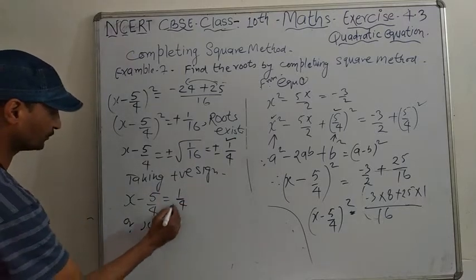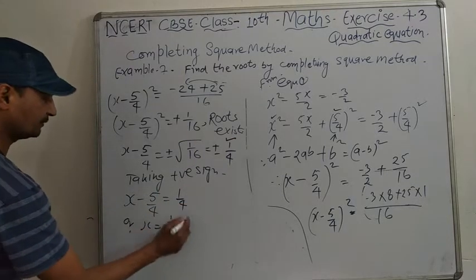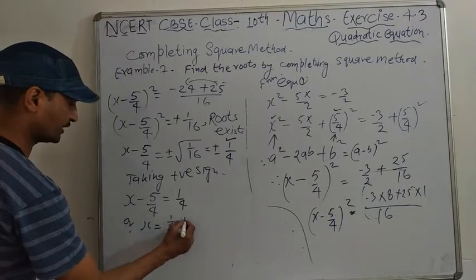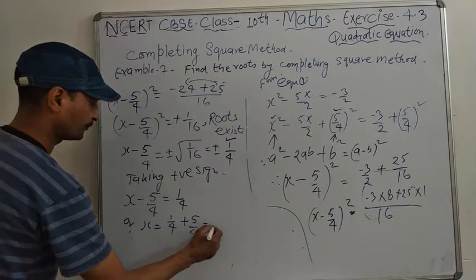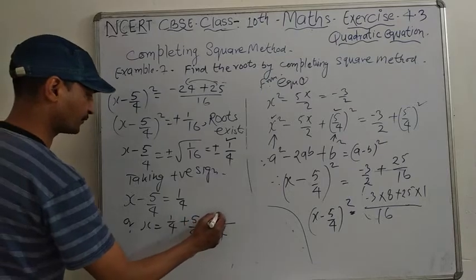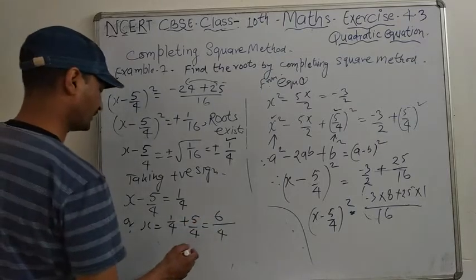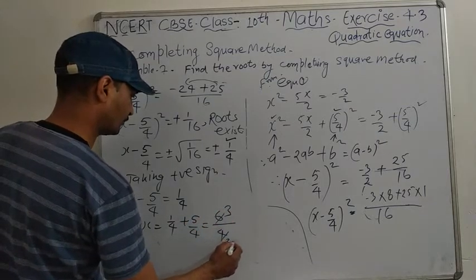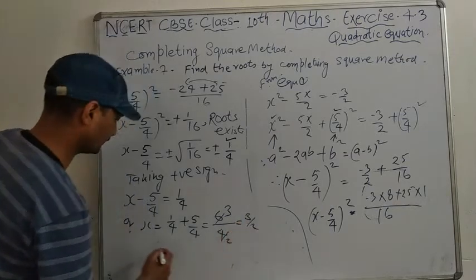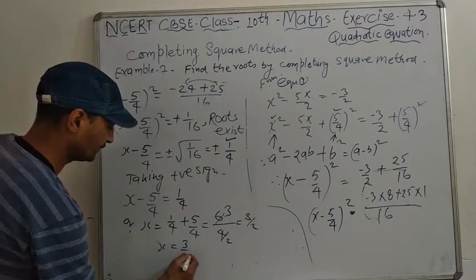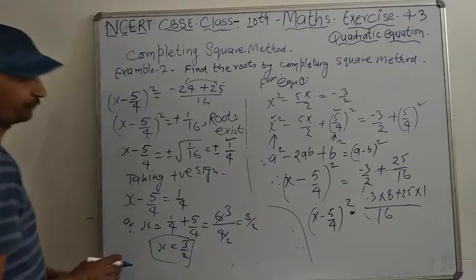So x is equal to 1 by 4, and minus 5 by 4 goes to the other side as plus 5 by 4. LCM is 4: 5 plus 1 is 6, so 6 by 4, that means 3 by 2. So x is equal to 3 by 2, one root we found here.